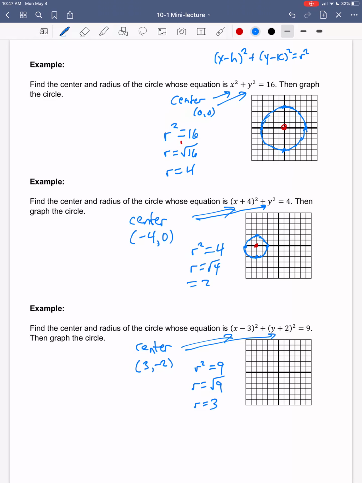So 3, -2 is my center. Then I'm going to move 3 to the right, 3 to the left, 3 up, 3 down, and there would be the circle. Not too tough, right? Circles work out pretty nicely.